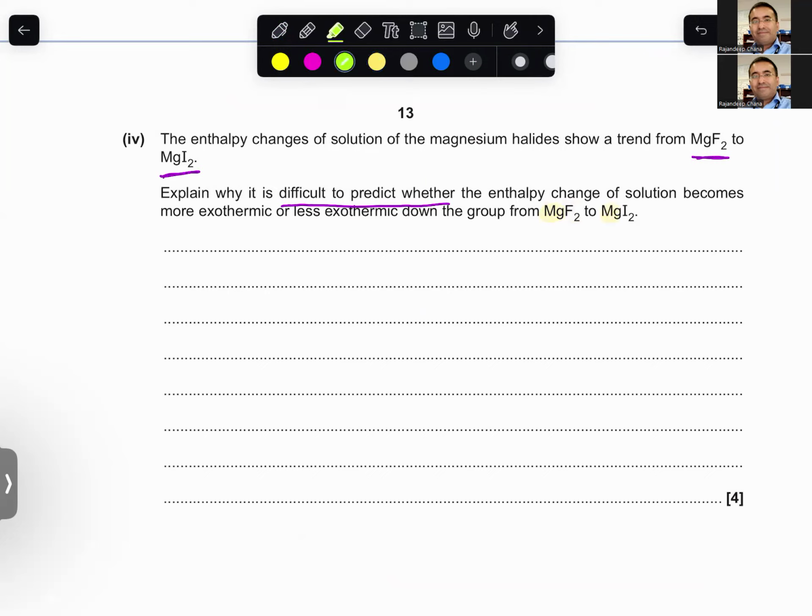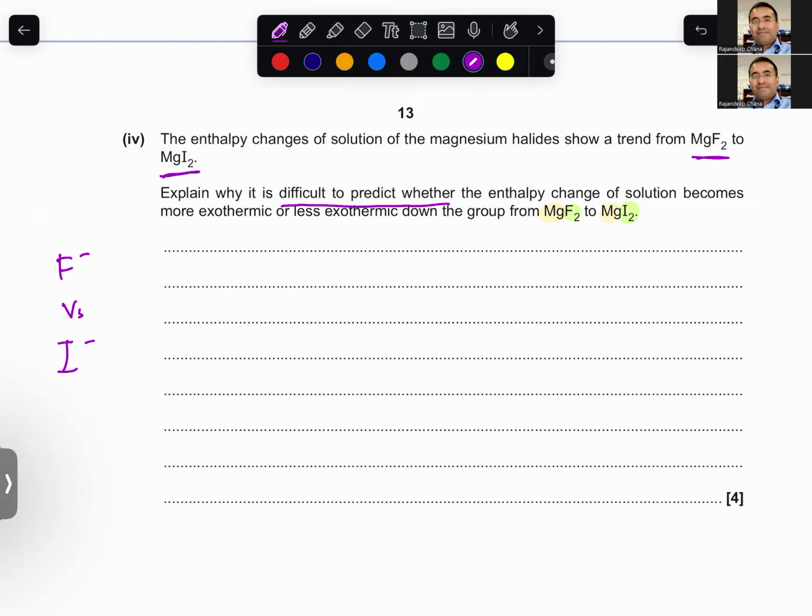It's a case of fluoride versus iodide, so that versus that. You always discuss the charge and you always discuss the size. Because the charge is the same in this instance, you wouldn't discuss it. There's no need for it.